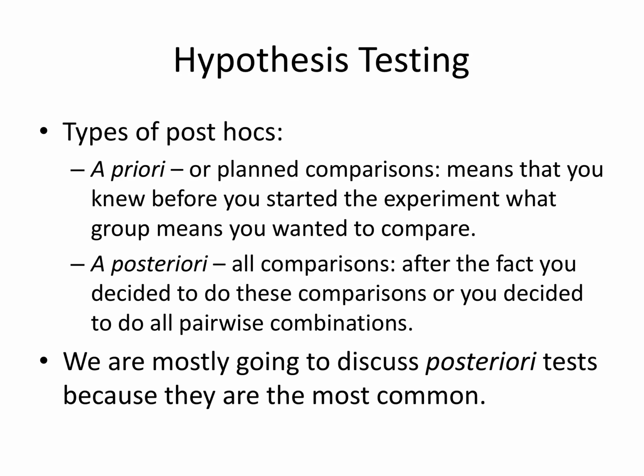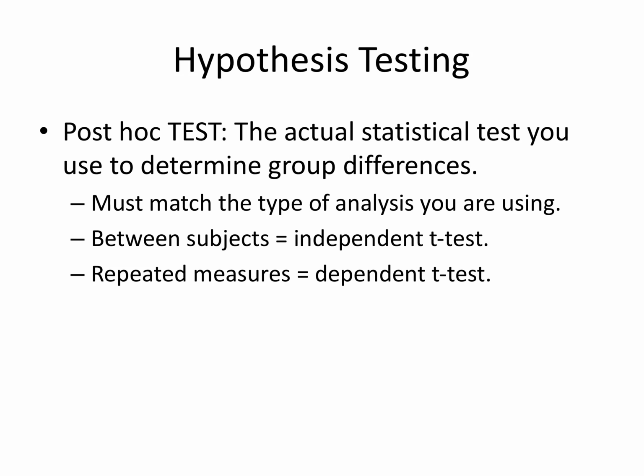Now for a priori test, you could decide to do all of them, but when you do all of them, people tend to think of them as a posteriori tests. And those are the ones we're going to discuss really because they're the most common. So we're not going to get into contrast comparisons, although those are another option. We're mostly going to focus on traditional pairwise every combination tests.